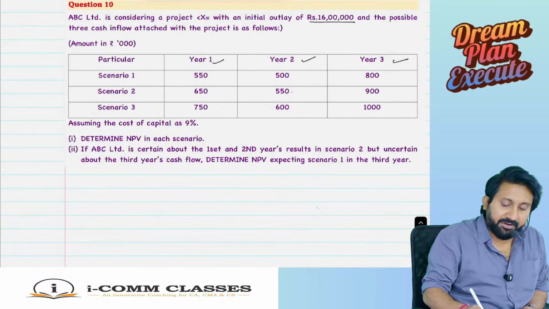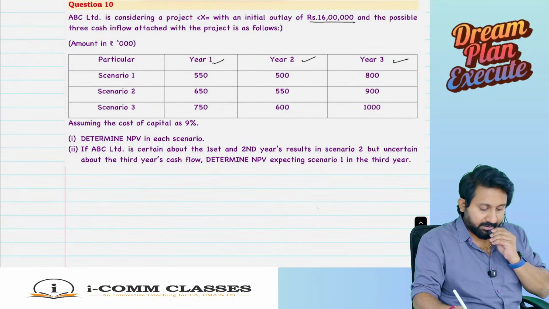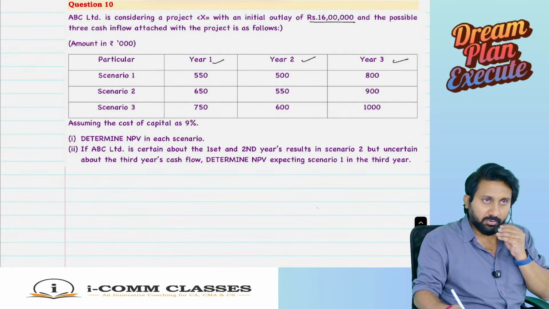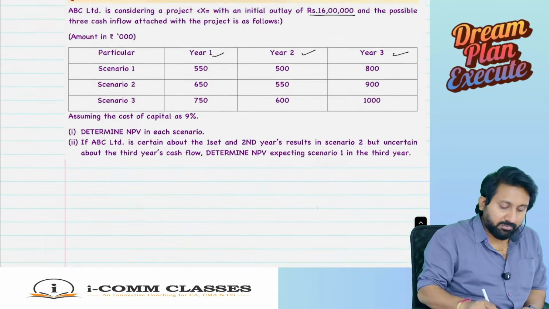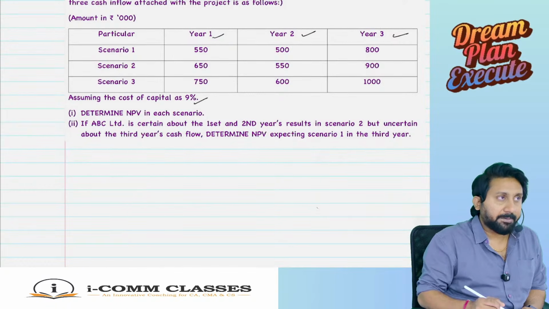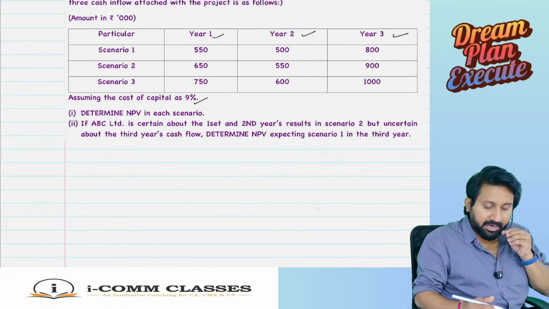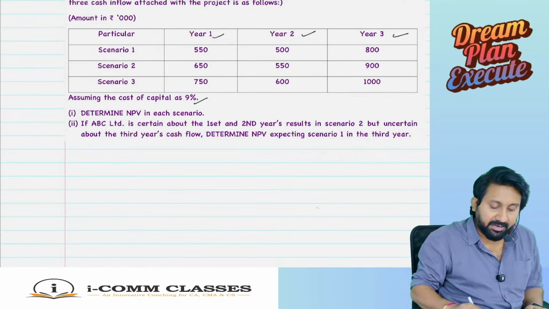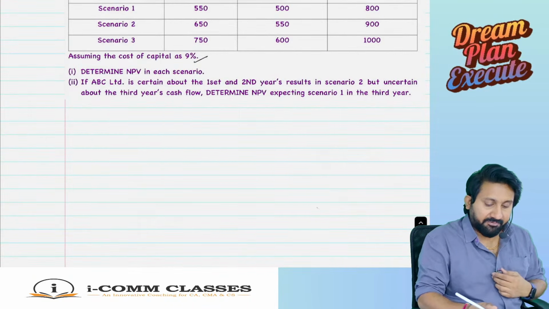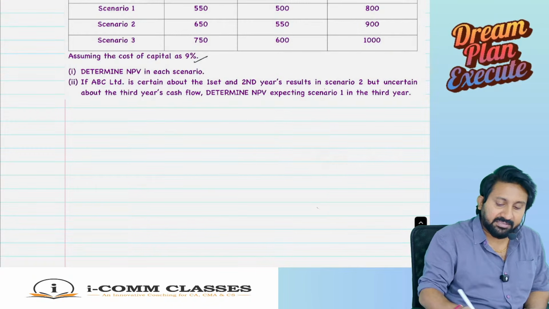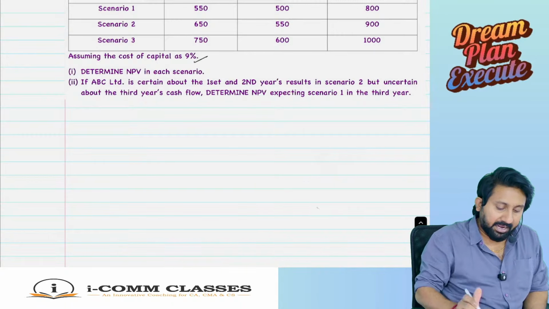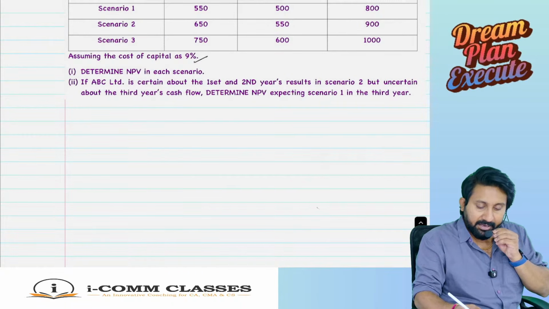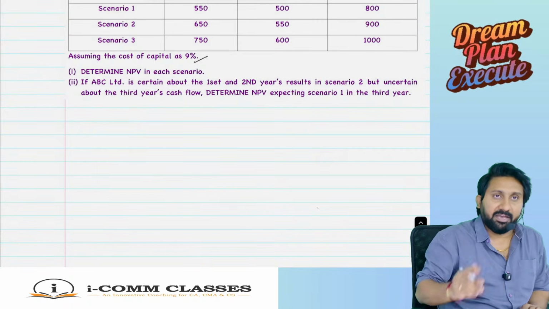Scenario 2: 650, 550 and 900. Scenario 3: 750, 600 and 1000. Assume the cost of capital is 9%. Determine the NPV of each scenario. If ABC Limited is certain about the first year and the second year results in scenario 2, but uncertain about the third year's cash flow, determine the NPV expecting scenario 1 in the third year.